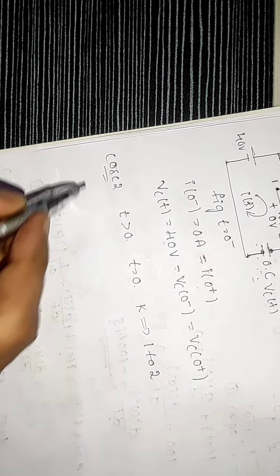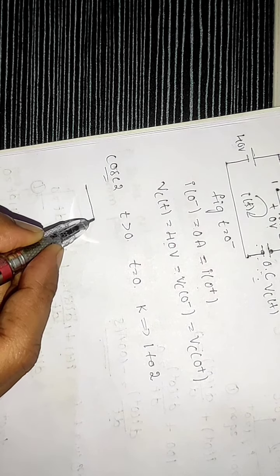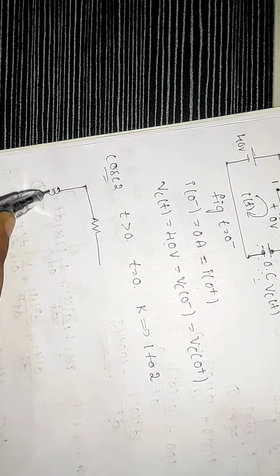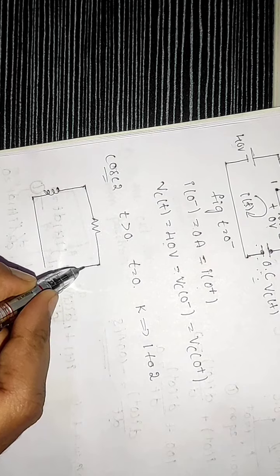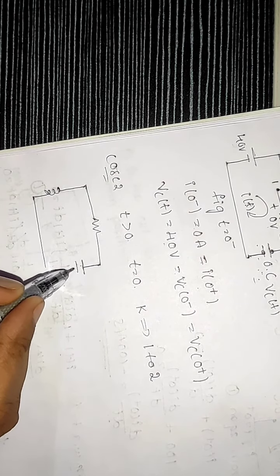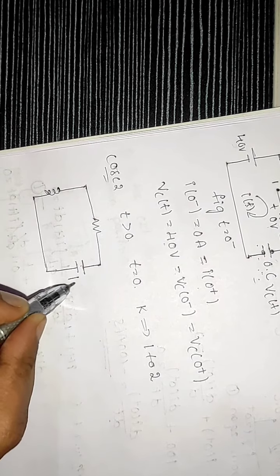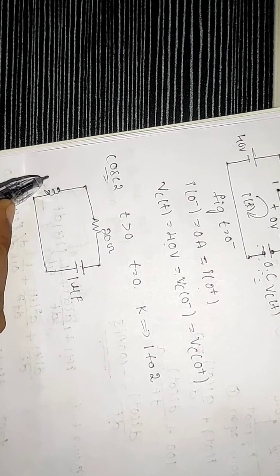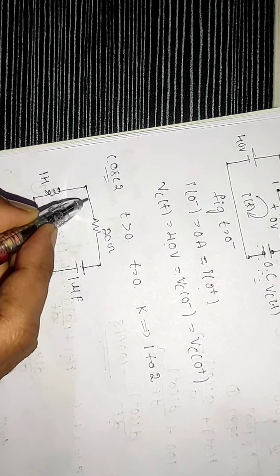So now in the circuit, the voltage source is removed and the inductor comes into the circuit, right? The capacitor 1 microfarad, 20 ohm resistor, and here inductor 1 Henry. This is position 2.